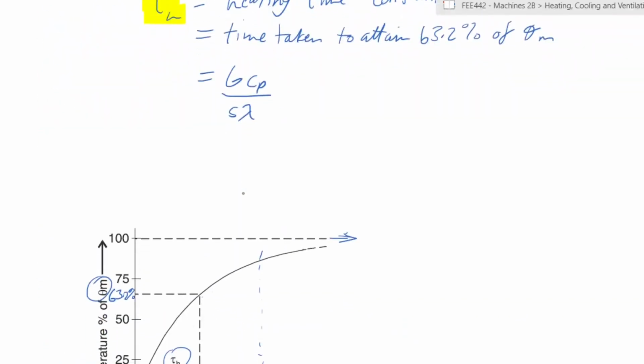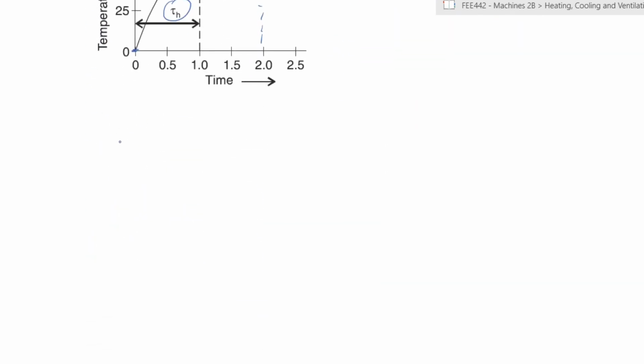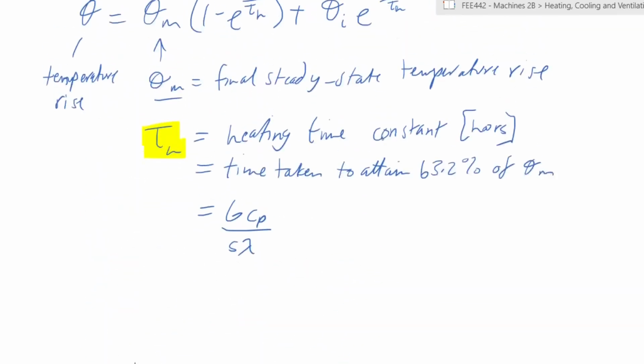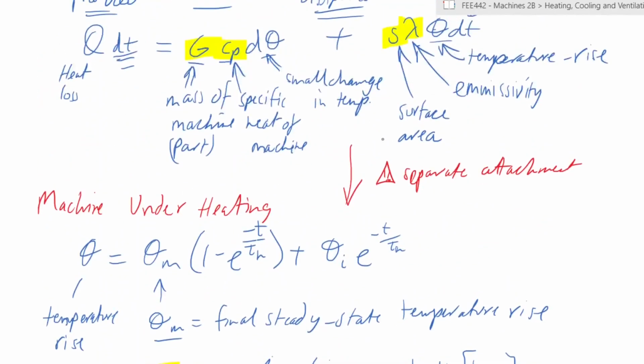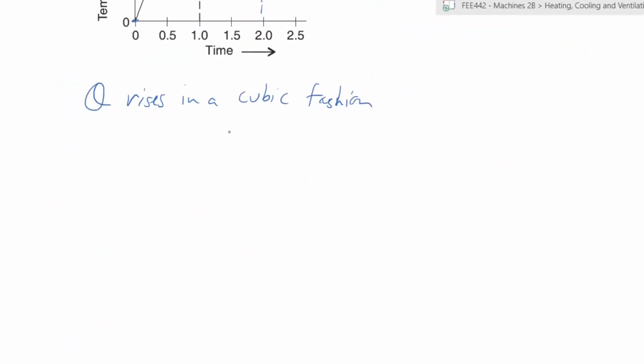So Q rises in a cubic fashion. Write it down here. So Q rises in a cubic fashion. The reason for this is heat as it rises is dependent on the mass of the machine, and the mass of the machine is dependent on its dimensions.